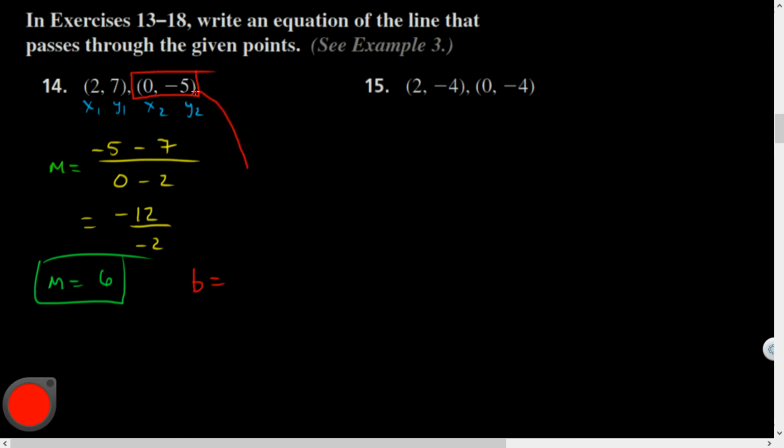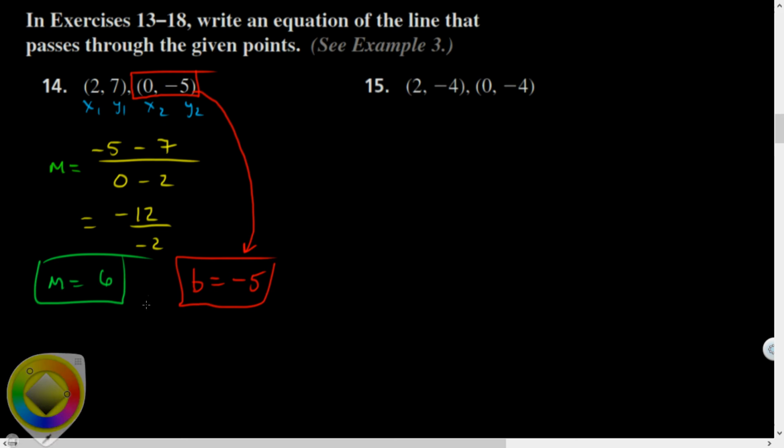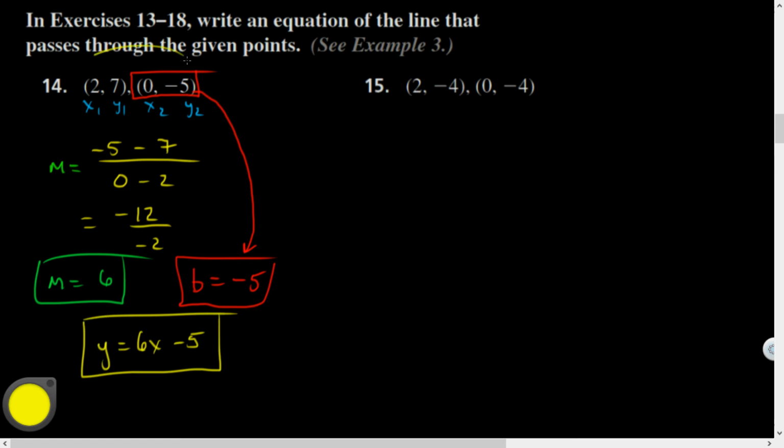So that actually means that b is going to equal -5. That point is on the y-axis, and it's on my line, which is pretty much the definition of an intercept. So my equation is y equals 6x minus 5. We found our culprit. The only line that passes between those 2 points will have this slope and this y-intercept.